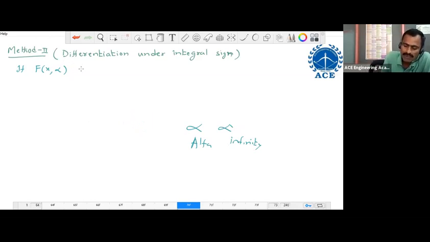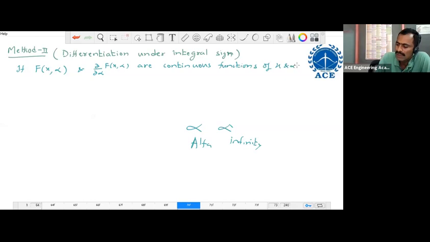If f of x comma alpha, and dou by dou alpha of f of x comma alpha, are continuous functions of x and alpha, then d by d alpha of integral a to b of f of x comma alpha dx equals integral a to b dou by dou alpha of f of x comma alpha dx.